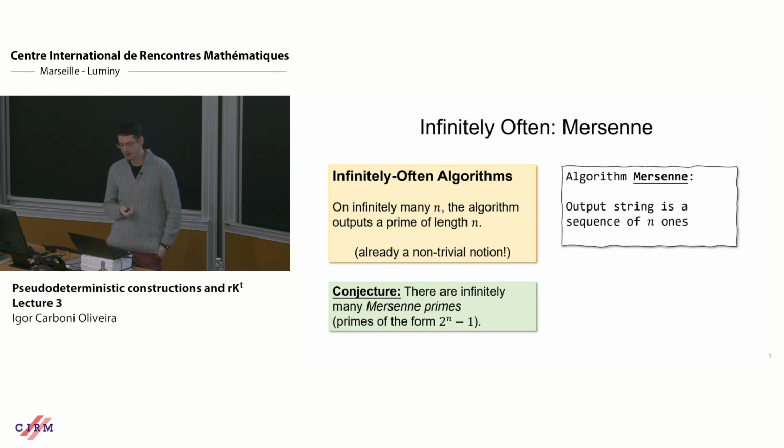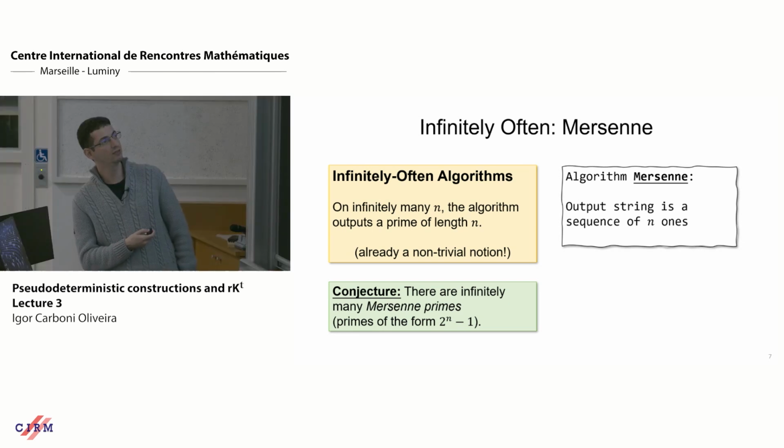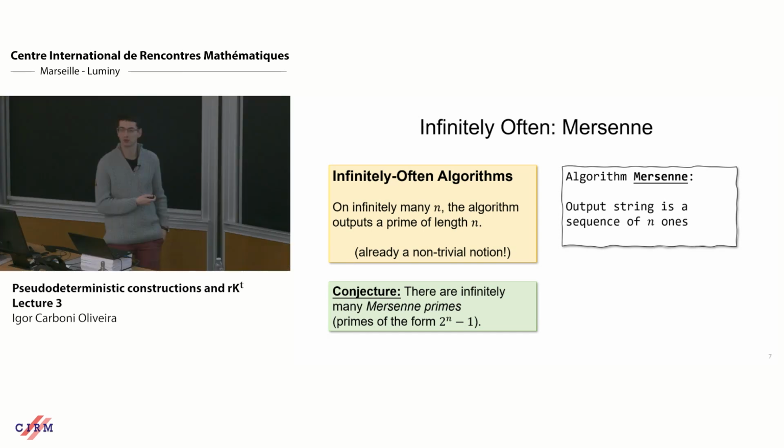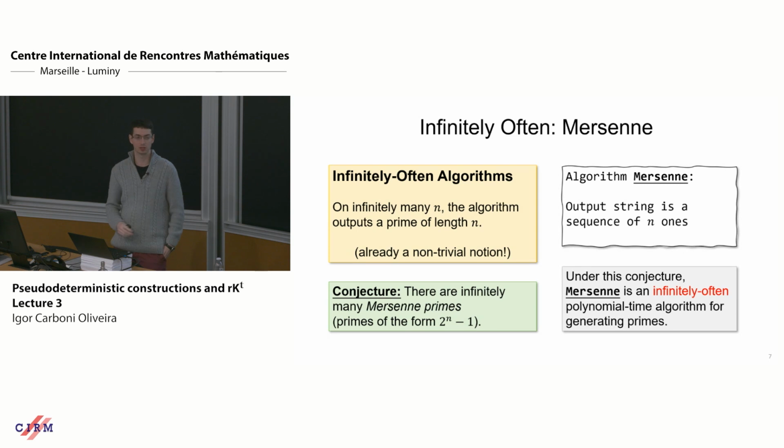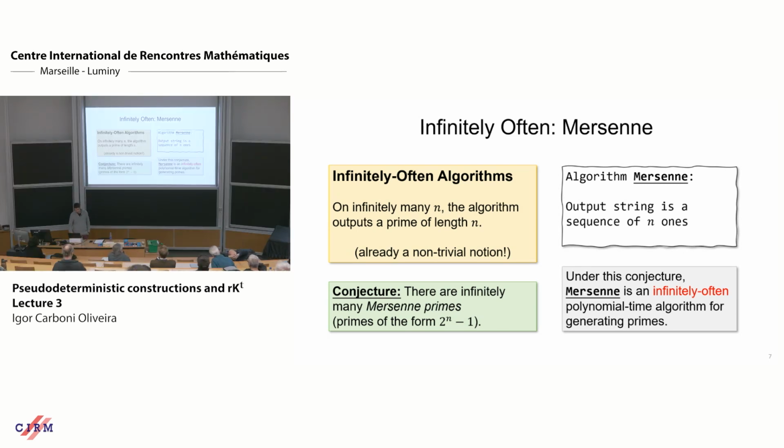If we had a result saying that there are infinitely many primes of the form 2^n - 1, then these primes, if you write them in binary, are just sequences of ones, and this would be an algorithm that succeeds infinitely often. So that's the simplest possible algorithm you could have. But again, unfortunately, we don't know if this conjecture is true. So this only gives a conditional algorithm.